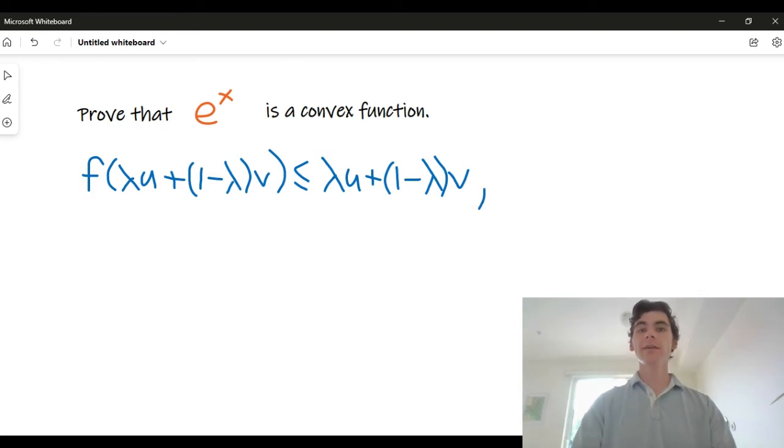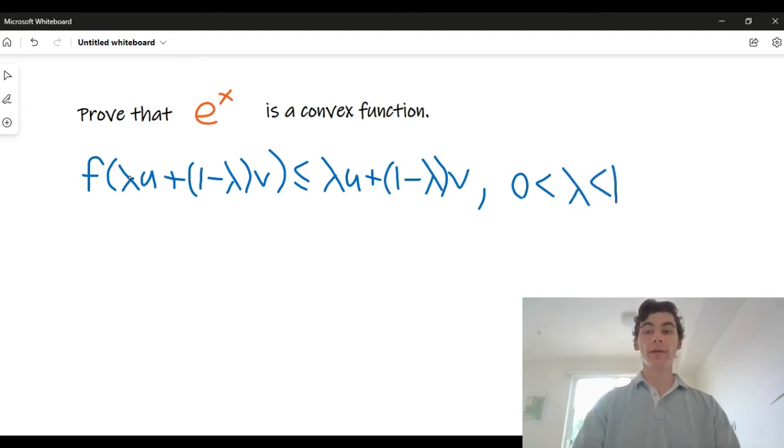And this is for any parameter lambda that is strictly between 0 and 1.